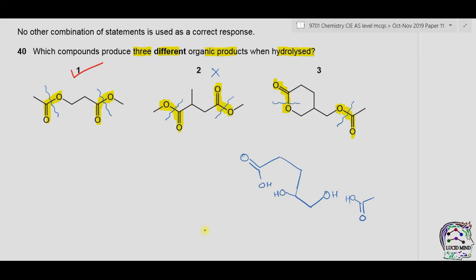The products formed are like this. As only two different products are formed, so therefore option 3 is also incorrect. The answer is therefore D.